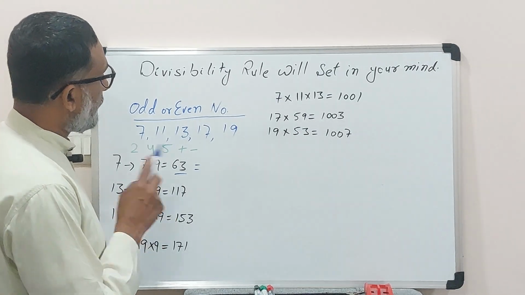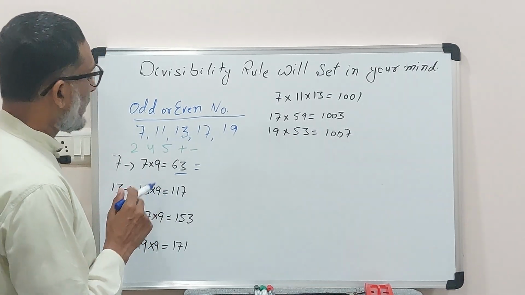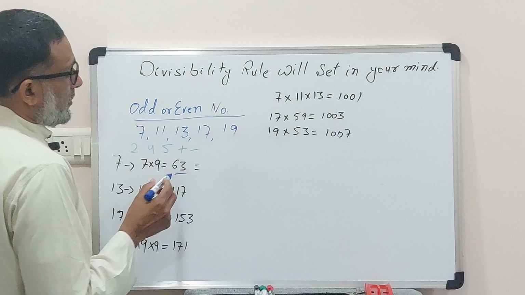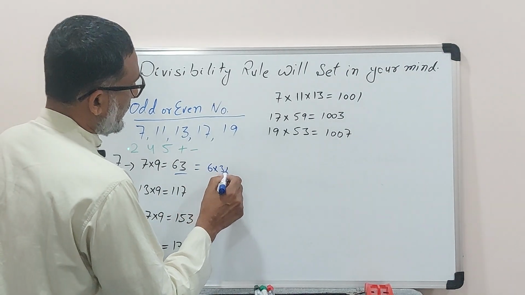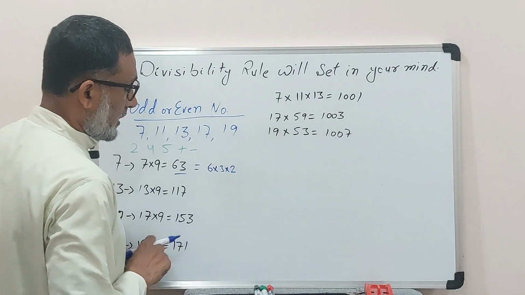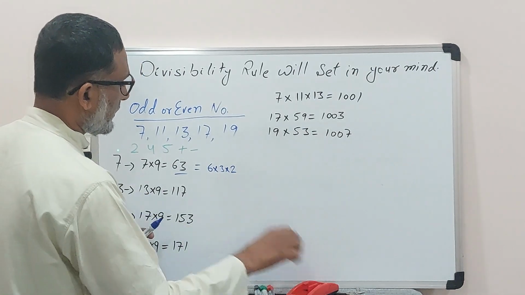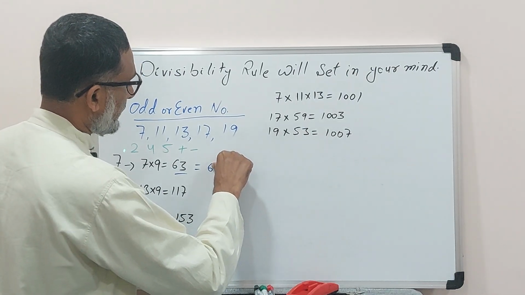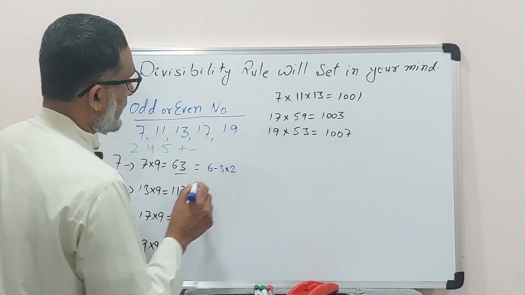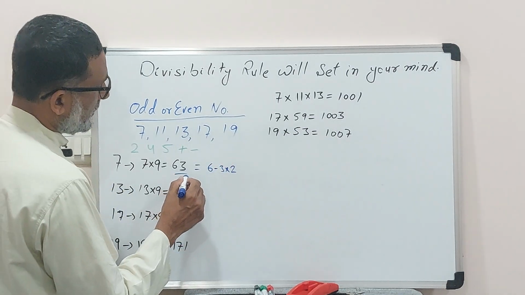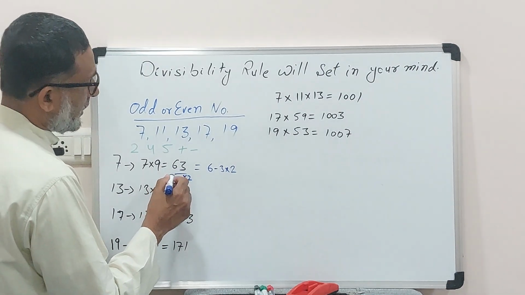So for 7, multiply the last digit by 2 and subtract it from the remaining digits.